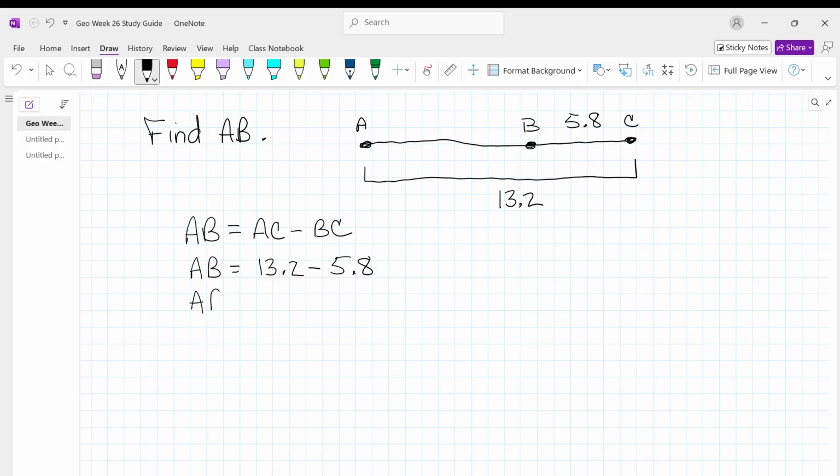So our AB is equal to 13.2 minus 5.8, which is 7.4. Any questions there?